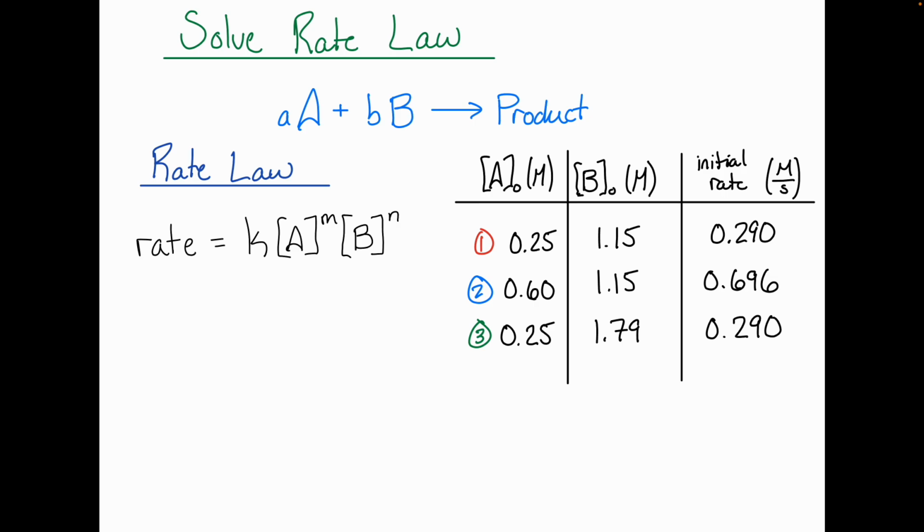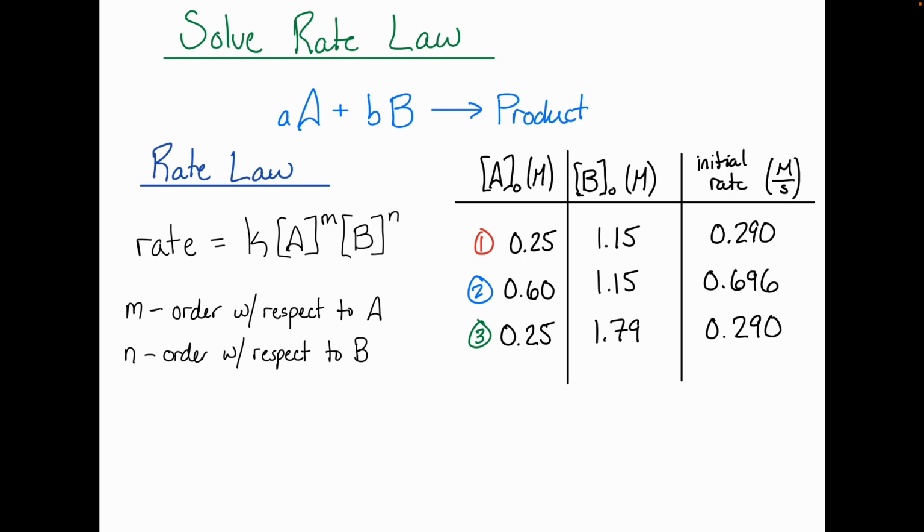All right, so also some terminology that's going to be important here. In this rate law, m we call the order with respect to reactant A. So the order with respect to A. n would then be the order with respect to B. Okay?